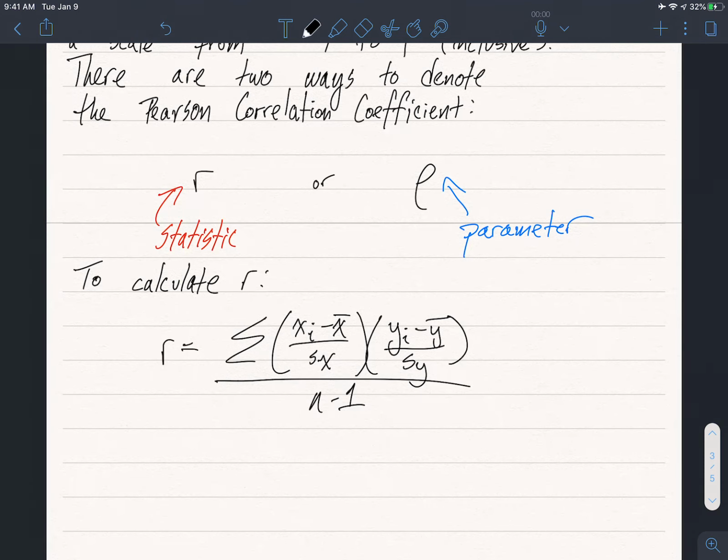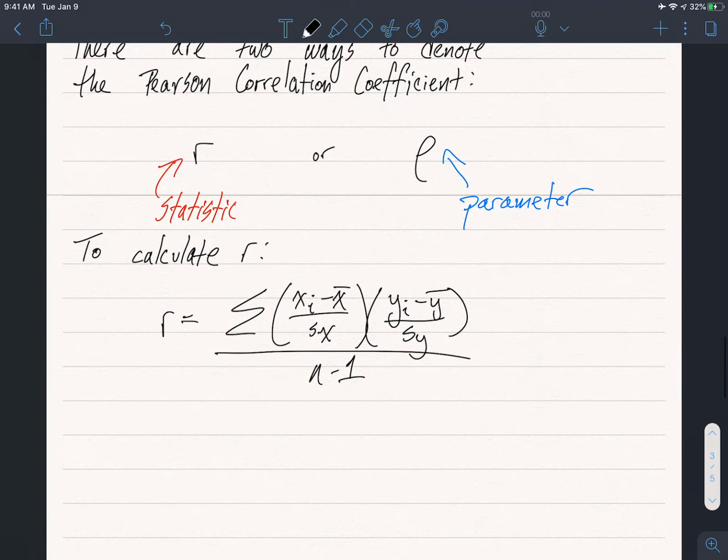And this is the simple linear correlation coefficient. This is actually not even the exact way to calculate R. They made it a simple way to calculate it to get a good estimate, I guess.